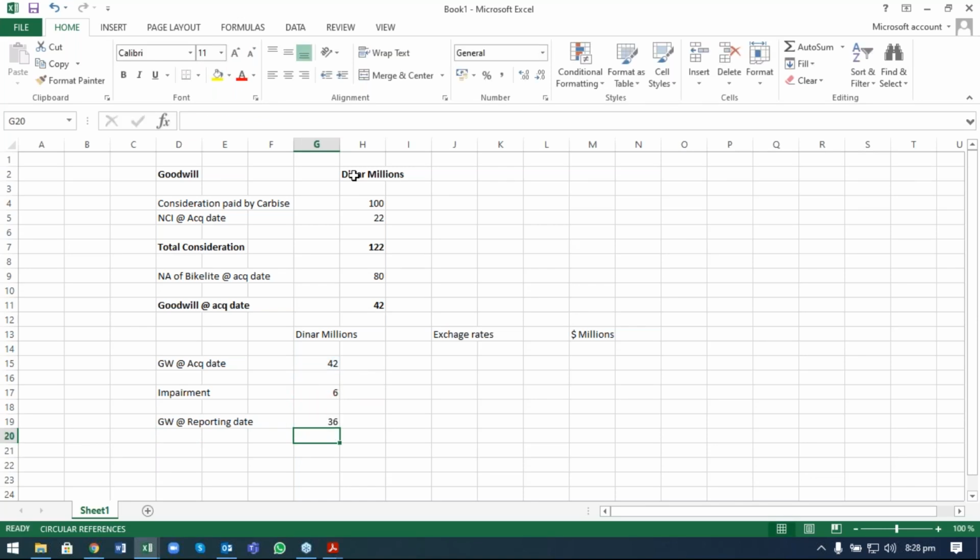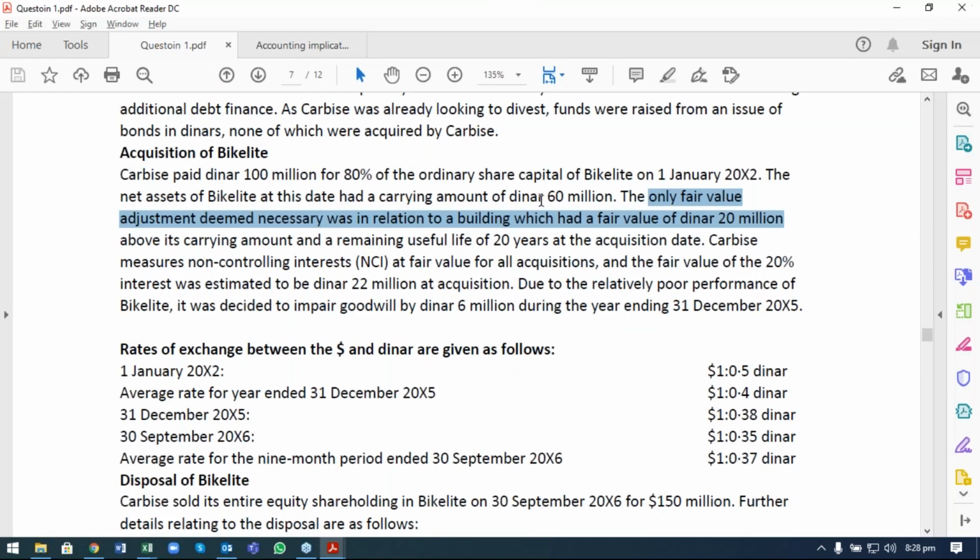Now, looking at the suggested answer, I'll mention that the acquisition date was 1st of January 2002, and for goodwill at reporting date I'll first consider the reporting date, because the impairment of this goodwill was done due to the relatively poor performance of Bike-Lite. It was decided to impair the goodwill by 6 million dinars during the year ended 31st December.